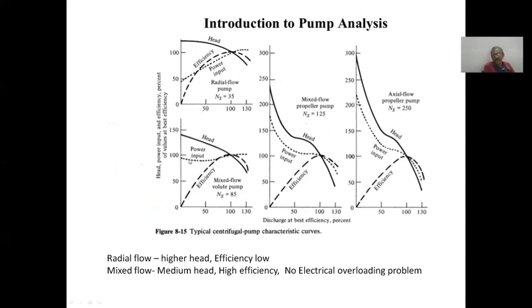One more thing you can notice here is the power. Power curve is approximately the same, and that too near the maximum efficiency point. You see, it is almost flat. So whatever be the discharge, even sometimes during monsoon seasons, if the water level in the well rises up, then you will be operating at a very low head.